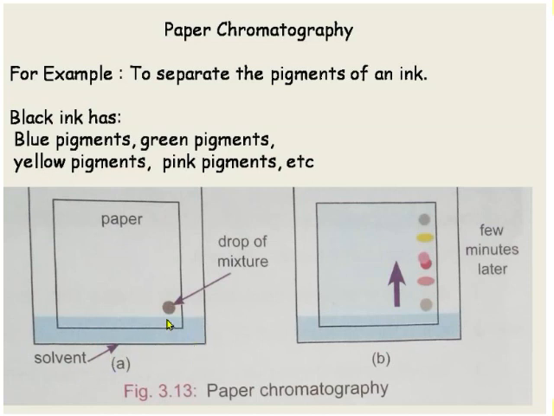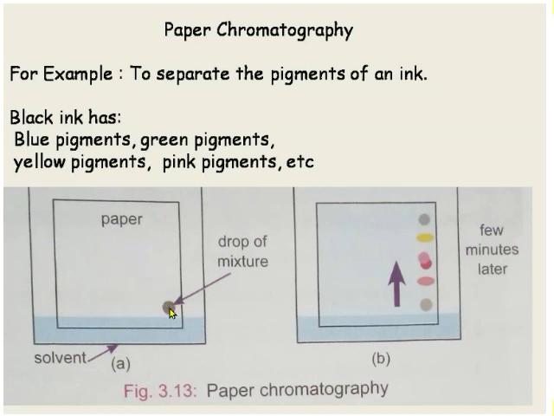After that, we will put a drop of the mixture, that is black ink, here. The pigments which are soluble in the solvent will move along with the solvent because of the capillary action. Because of the capillary action, the solvent will spread on the paper and it will rise.